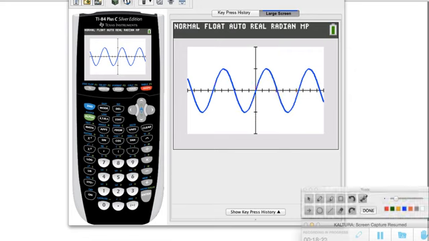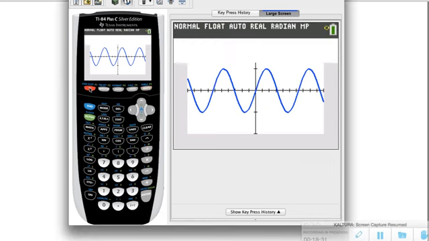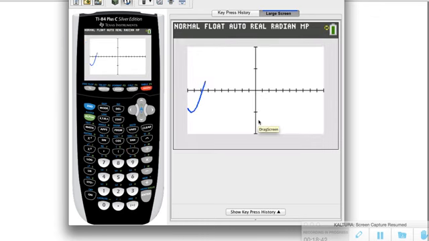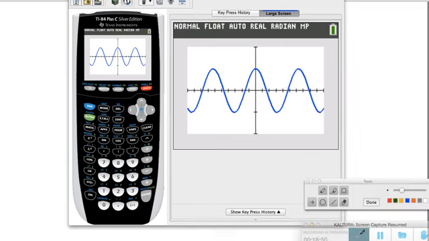Now, if you wanted to draw a graph of cosine x as well, what you could do is go back to your y equals menu, clear it out, change it to cosine of your variable, graph. Then what's going on here?